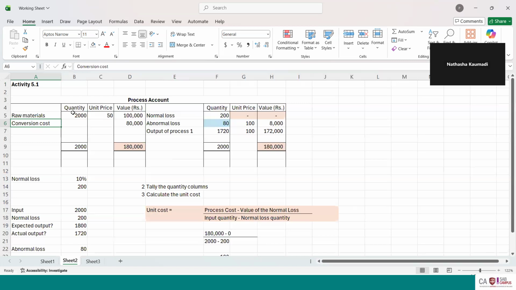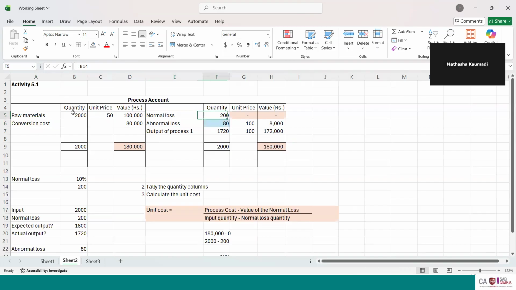I told you conversion cost is the total of direct labor cost plus manufacturing overheads, right? So that is how conversion cost. And then I told you output and the losses are credited to the process account. So output is mainly there, and then normal loss and abnormal losses if we have the losses.